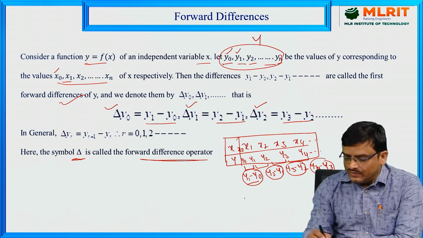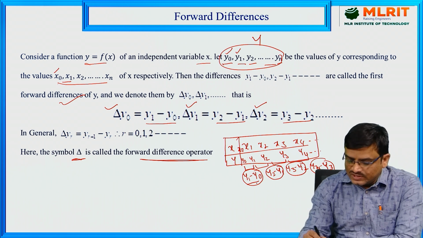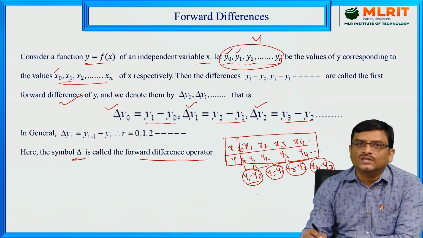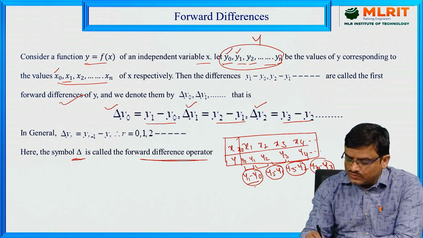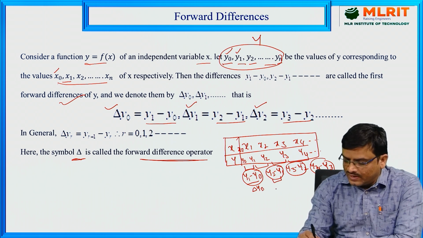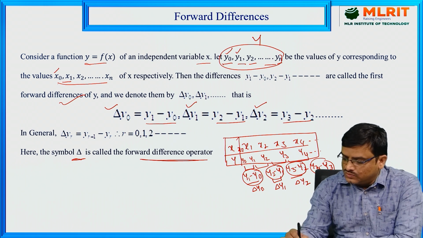Similarly, whatever differences we got, once again find the difference of those values. We represented y1 minus y0 with delta y0, y2 minus y1 with delta y1, y3 minus y2 with delta y2, and y4 minus y3 with delta y3.